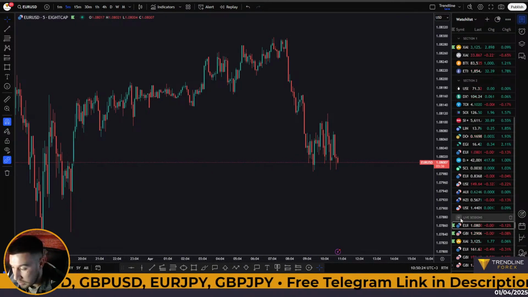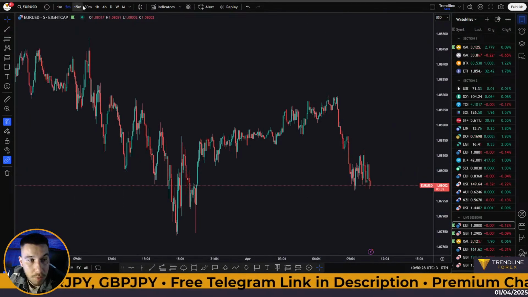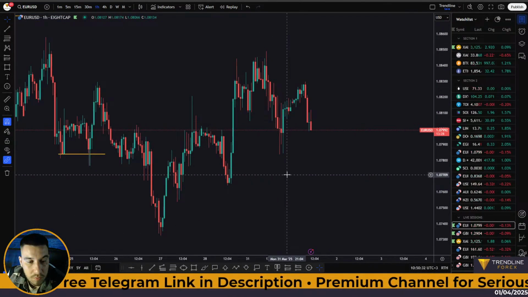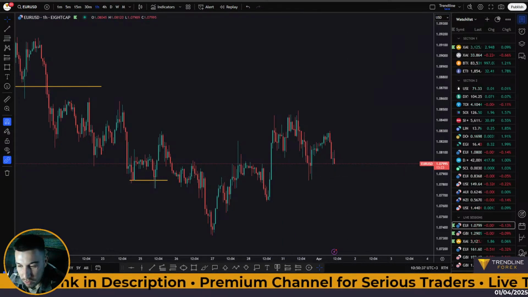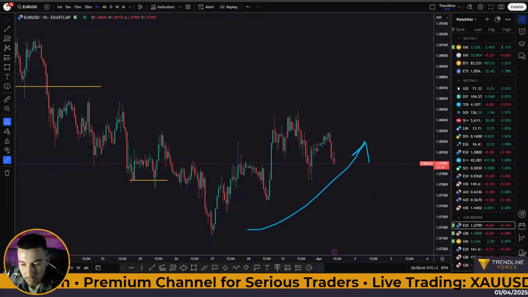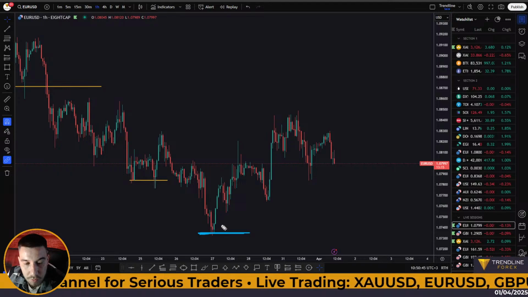Which for me personally, it means that I am expecting that euro dollar will probably go back to the upside as well. But it really depends what kind of targets you're looking for, because I'm talking about overall bullish direction, which means, let's say if you have this low, I'm not expecting price to break below that.